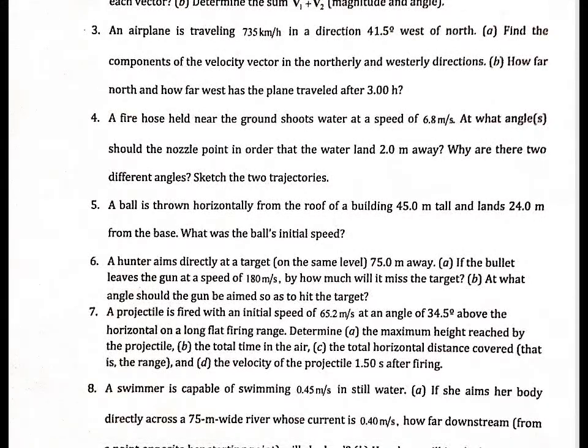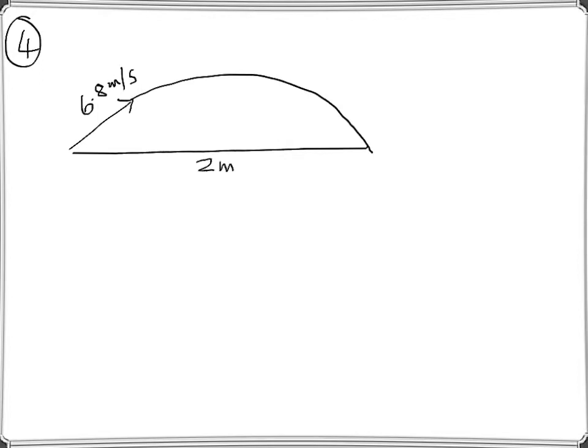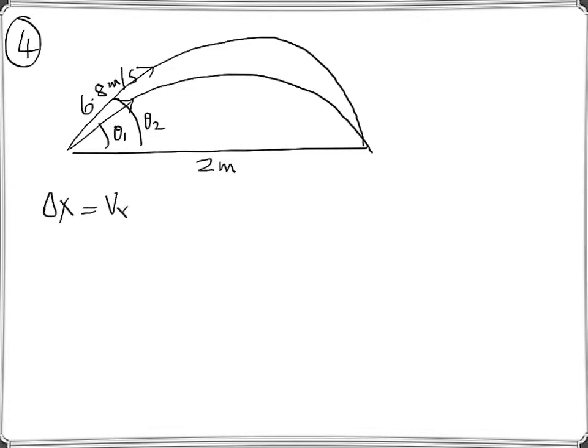In question 4, the velocity is 6.8 and the horizontal displacement is given, and you have to find the angle. In fact, the two angles. Now, since the horizontal component is a constant, that's the only equation you can use.